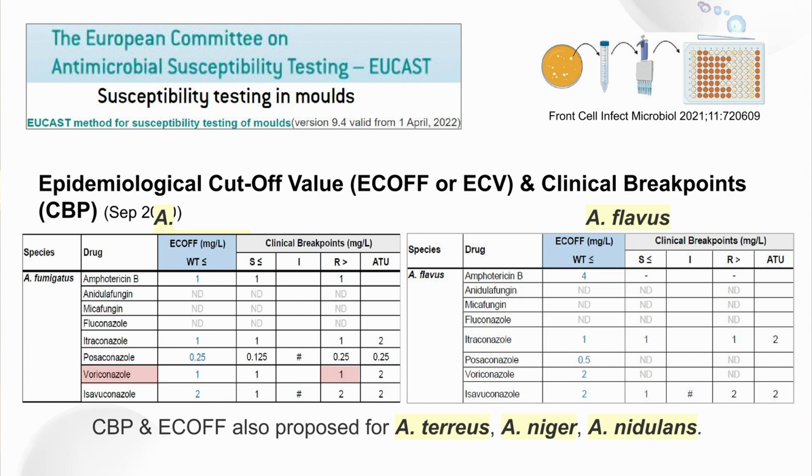Take Aspergillus fumigatus, for example. A. fumigatus with voriconazole MIC higher than 1 is considered voriconazole resistant.